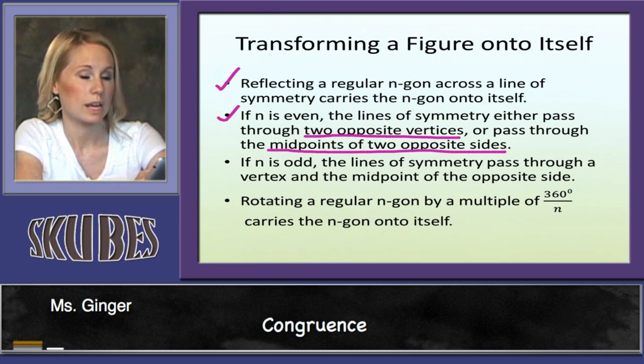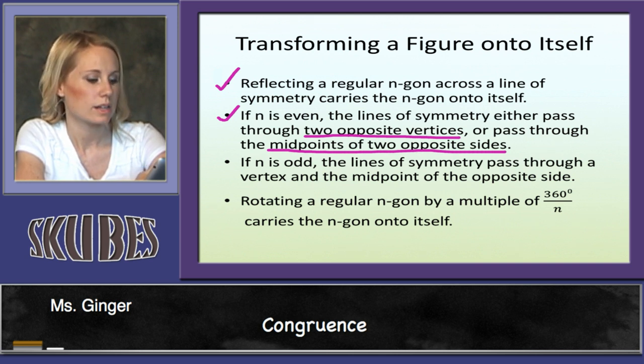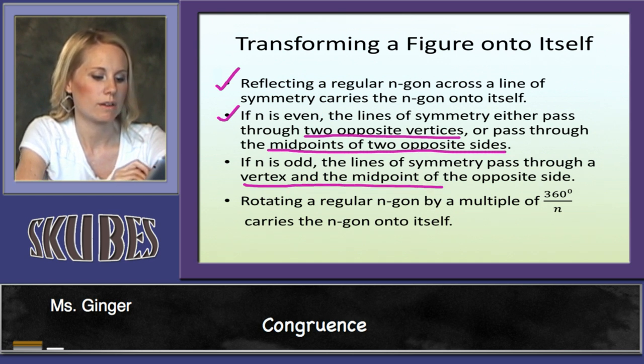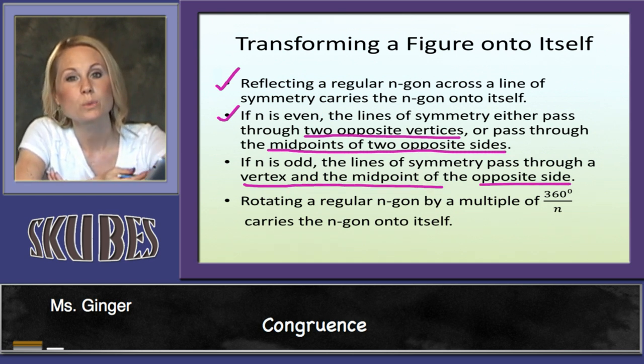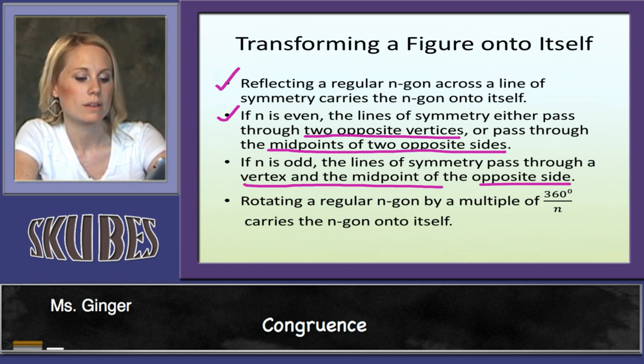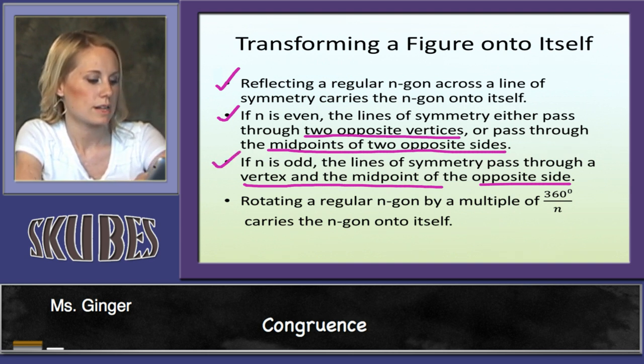Okay, talked about this one. When you have an odd amount of sides, like a triangle, maybe three sides, then your lines of symmetry are going to pass through a vertex and a midpoint of the opposite side. So you'll notice one going through a vertex, those corners of your shape, and then extending through the opposite side to that vertex. Alright, one more thing to go over.